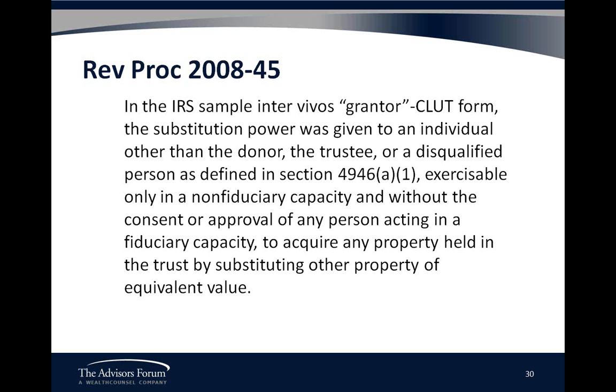I mean, they do the job, but they don't have nearly the stuff we have in our trust. But the interesting point, and the reason it's in these materials, is that in the IRS sample language in these trusts, the substitution power is what's used to create a grantor charitable lead trust.